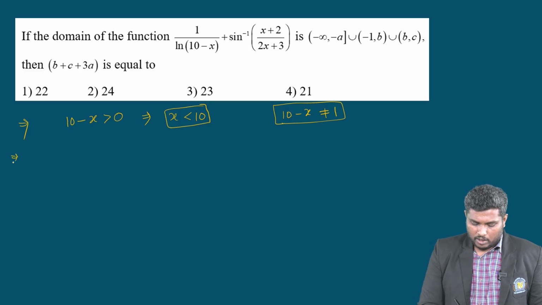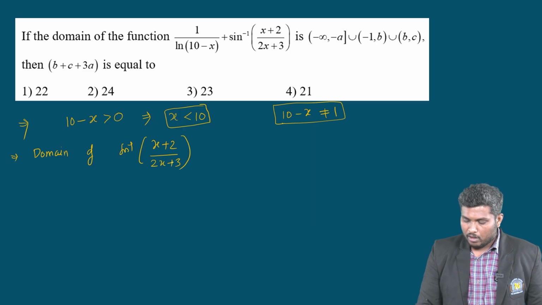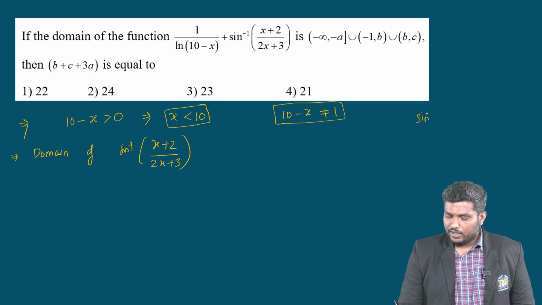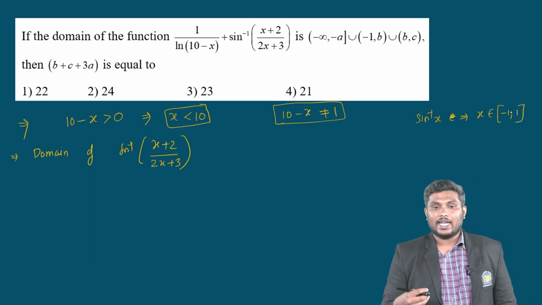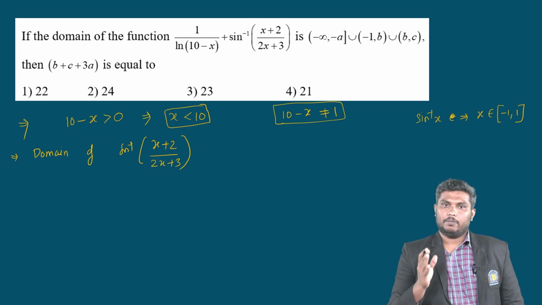And then what is the domain of sine inverse of (x plus 2) by (2x plus 3)? The domain of sine inverse x is x belongs to minus 1 to 1. The input to the sine inverse function should always be between minus 1 and plus 1.